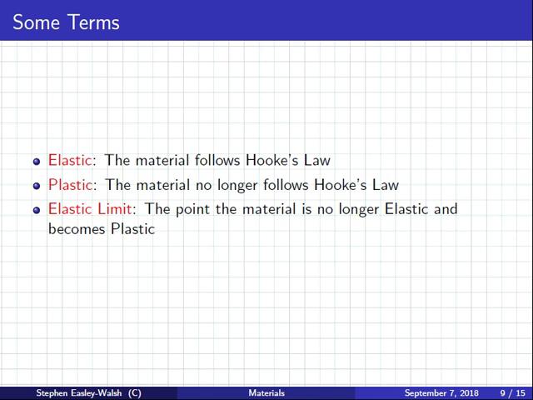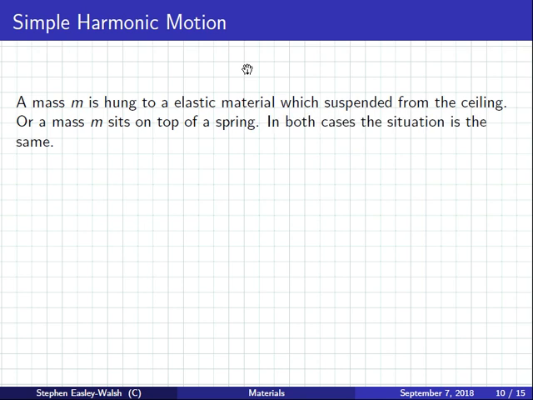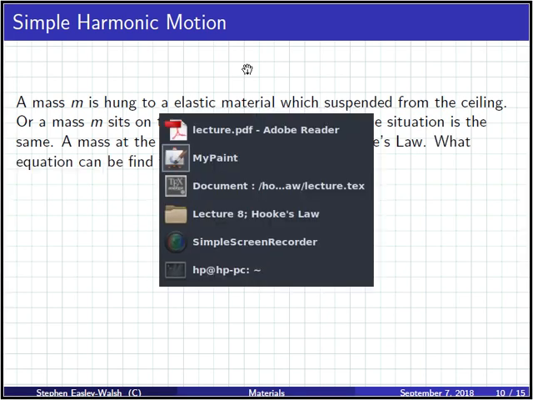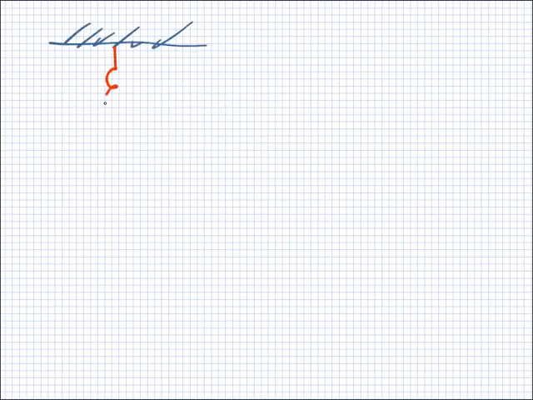Continue. Yeah. So, a mass M is hung from an elastic material which is suspended from the ceiling, or a mass M sits on top of a spring. In both cases, the situation is the same: a mass at the end obeying Hooke's law. So, this is what I'm saying. You could have a picture like this. Maybe you have this here, and somebody pulls it down a little bit so it starts moving up and down like this.